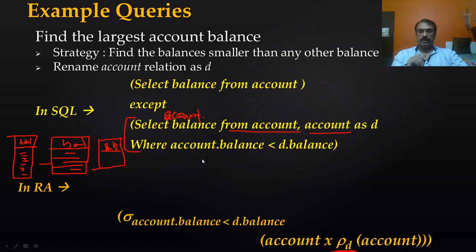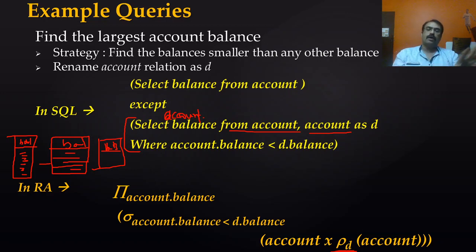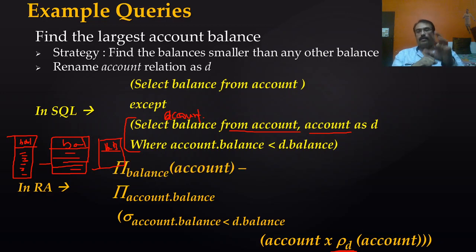Now this condition is imposed, account dot balance is less than D dot balance, from which we print pi account dot balance. And now I need to subtract it from pi balance from account.